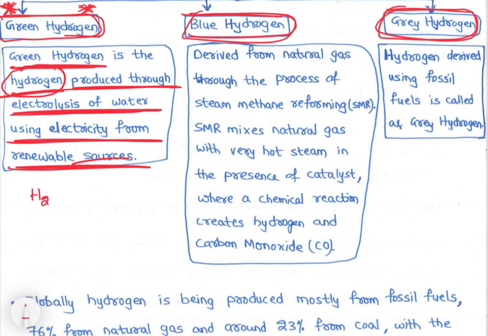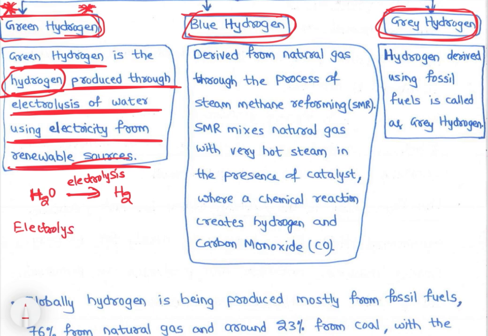So water is H2O, right? Now from H2O we need to get hydrogen, H2, right? So उसके लिए क्या करेंगे? हाइड्रोजन, वाटर से we need to get hydrogen. For that what we do is we do electrolysis. That is, electrolysis is, so you can write it down.